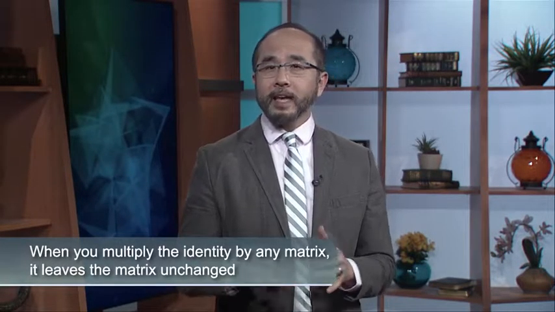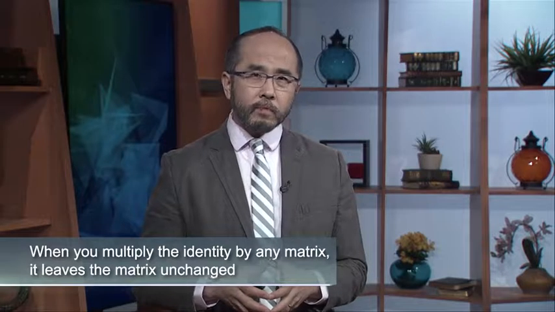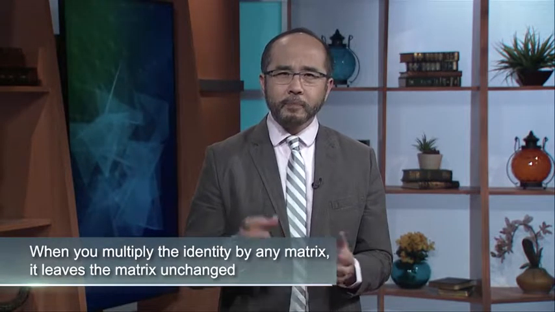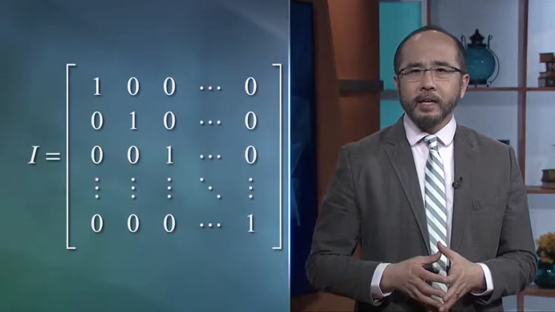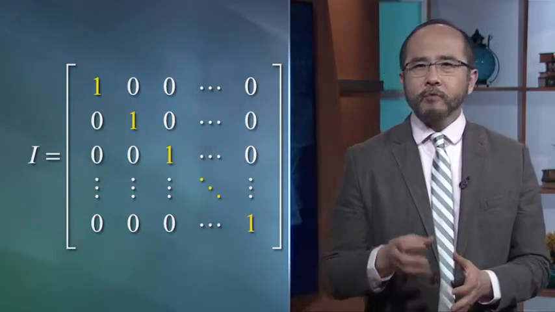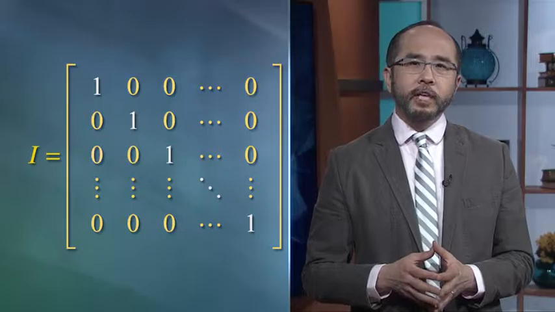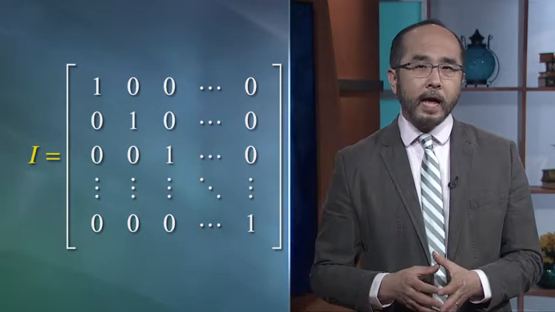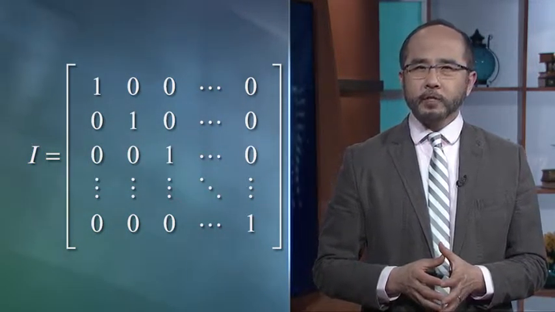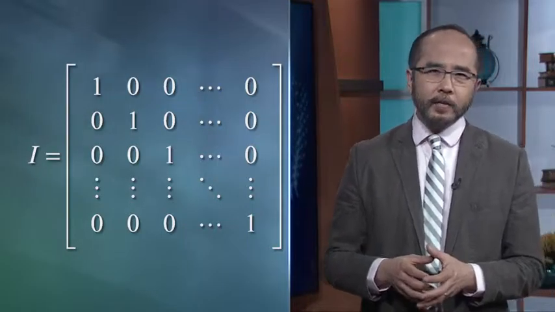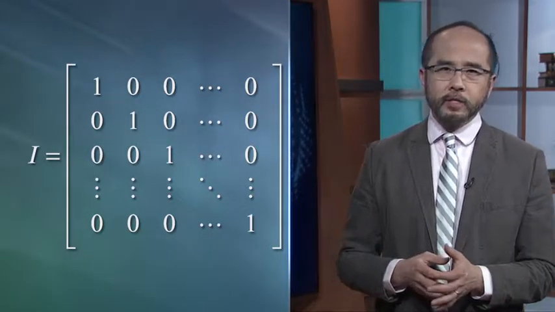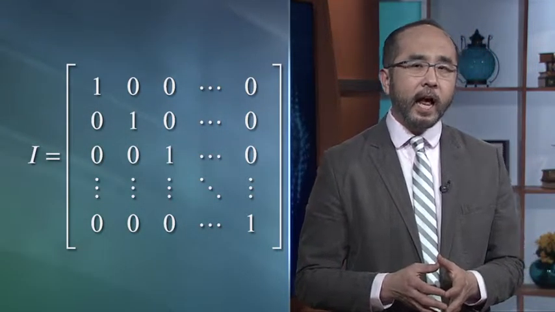When you multiply the identity by any matrix, it leaves the matrix unchanged. The identity matrix consists of ones along the main diagonal and zeros everywhere else, and it's usually notated by the letter capital I. We're thinking of the matrix as an n by n matrix A, so the identity matrix for A is the n by n identity matrix.